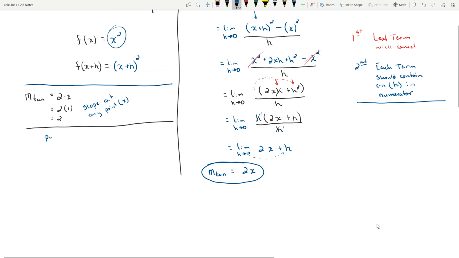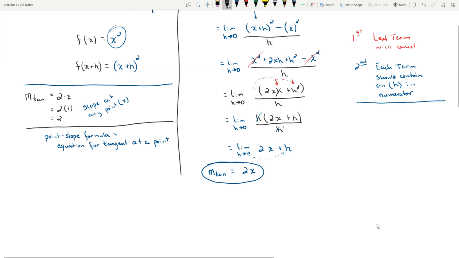Then we're going to use point slope formula. And this is going to allow us to find the equation for the tangent line at a point.